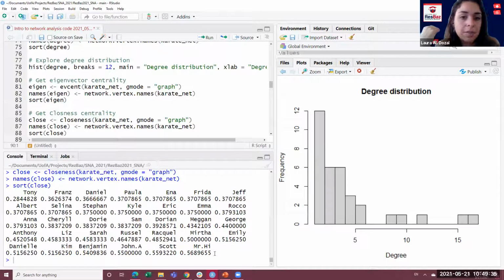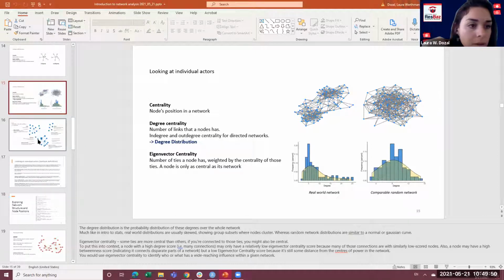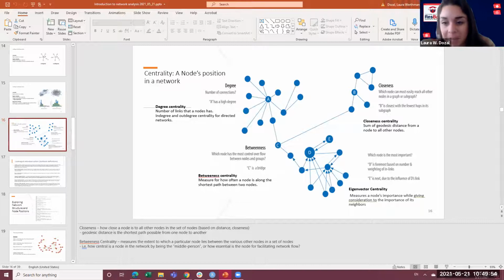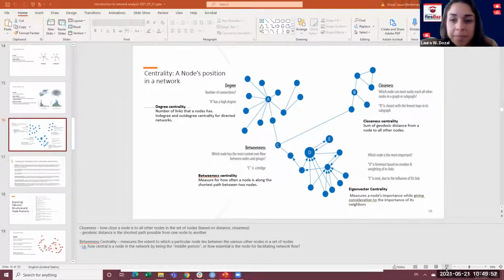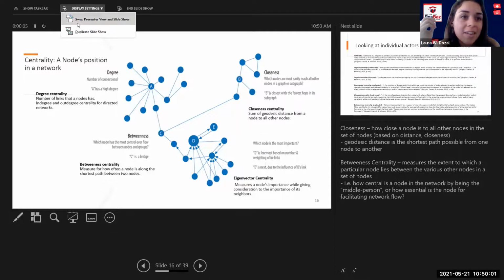Essentially, this is how densely connected someone is to another. Oh, I guess I deleted it. Oh, I guess I didn't. I'm sorry, excuse me all. Okay, I thought I had a slide.